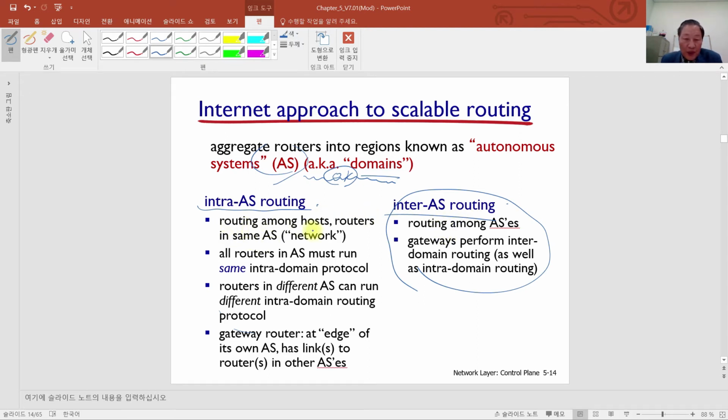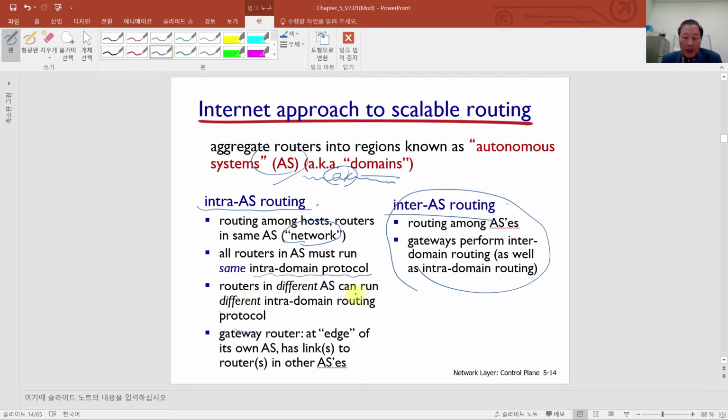Let's look at this one first. Routing among hosts and routers in the same autonomous system, or network, or same domain. All routers in an autonomous system must run the same intra-domain protocol.